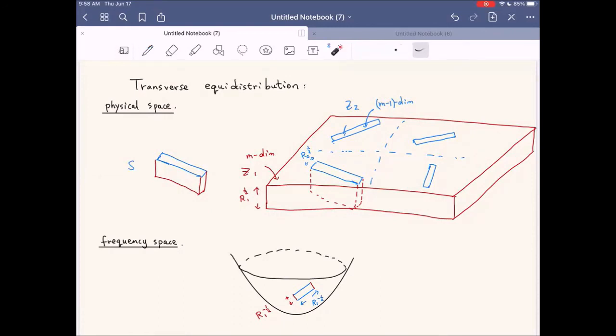And all I want to say is that since it's tangential to Z1 at a fairly large scale, on the frequency side the support in this direction is very small. So this is the support of f_S.